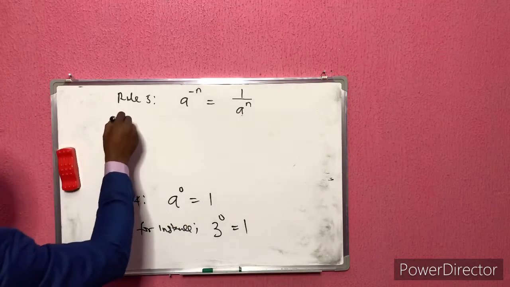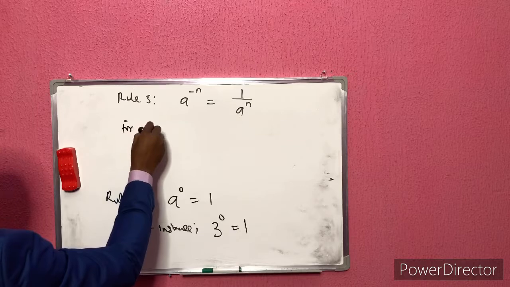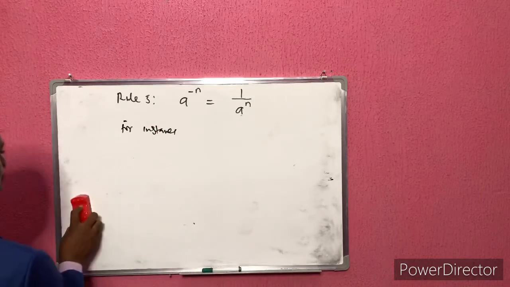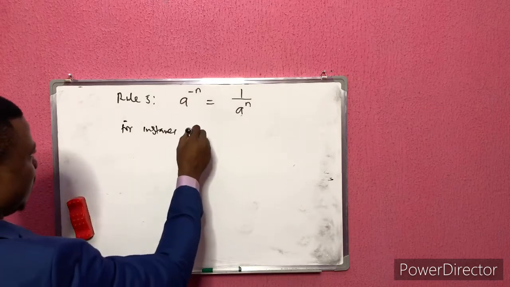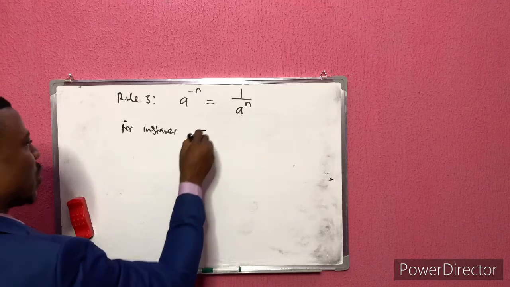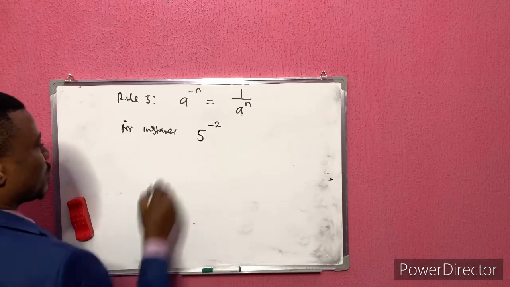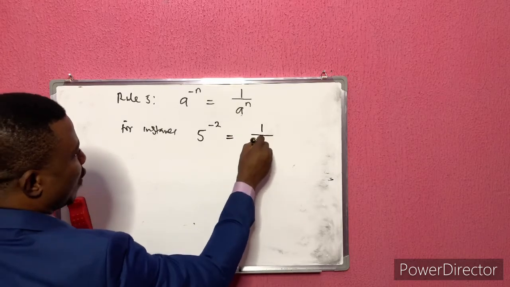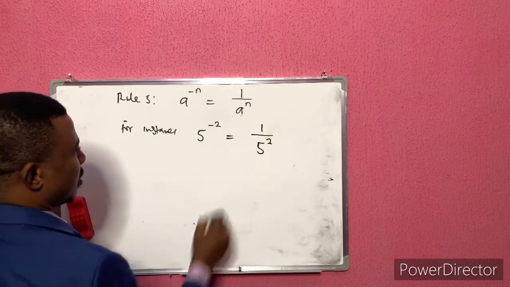This means that, for instance, we have 5 raised to power minus 2. This means 1 all over 5 raised to power 2.